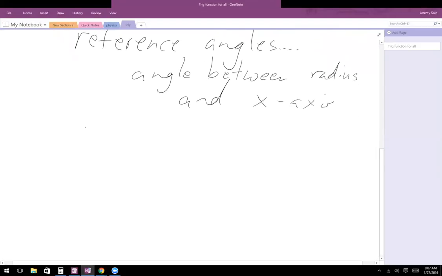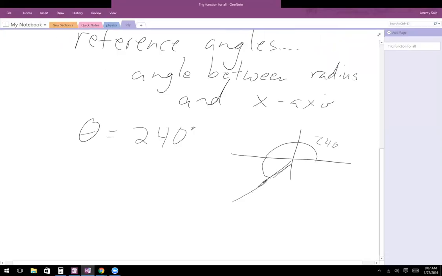Let's say our angle is 240 degrees. Right? So 240, well, from here to here is 180. So we're somewhere around there. So that's 240. So my reference angle would be, so I look at my radius.